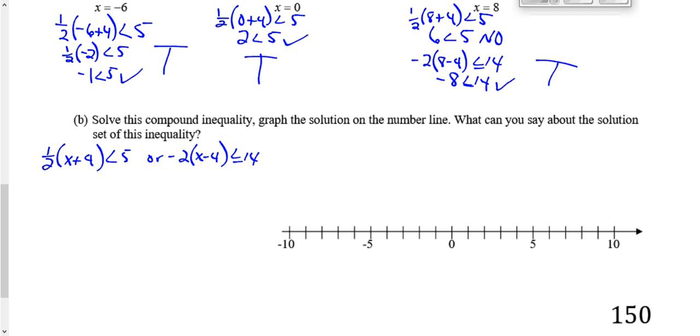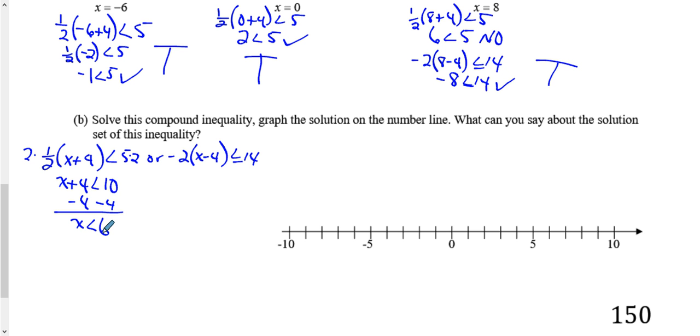I'll just multiply both sides by 2. And what's that give us? That cancels. So what's it give us? X plus 4 less than 10, right? Minus 4. So we get x is less than 6.